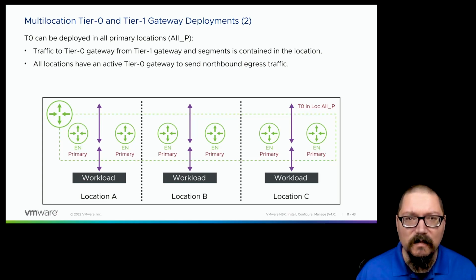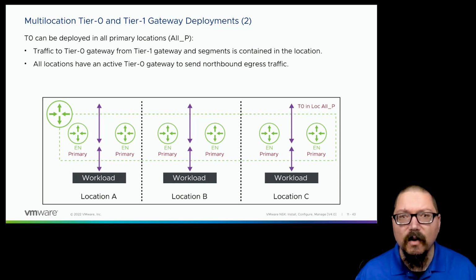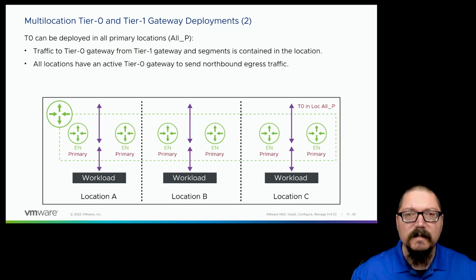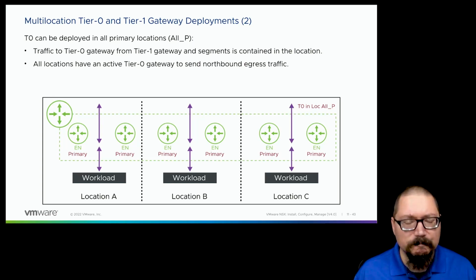Where I've got 2 or 3 or 4 data centers scattered across a large region, hundreds of kilometers or even hundreds of miles apart from each other. All primaries starts to not make as much sense because we don't have good control over how this traffic comes back into a given location if I'm spreading my workloads across all of my different data centers, right?